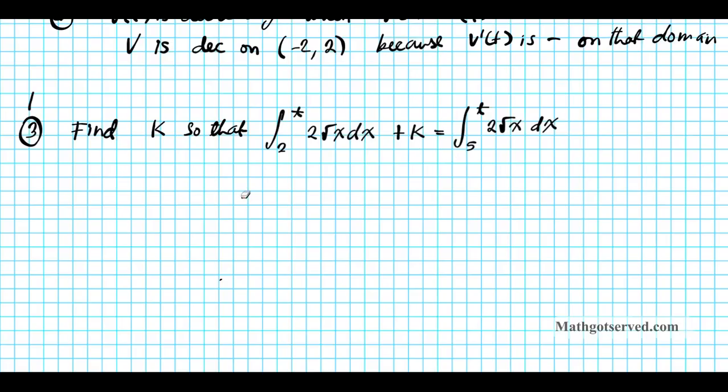So we have k equals the integral from 5 to t of 2 root x dx, and you subtract this integral from both sides, so it becomes minus the integral from 2 to t of 2 root x dx.